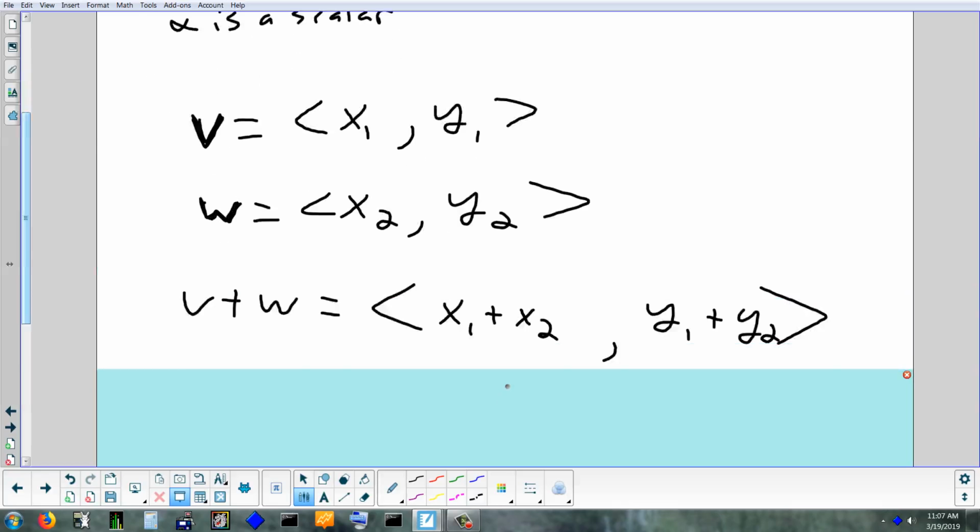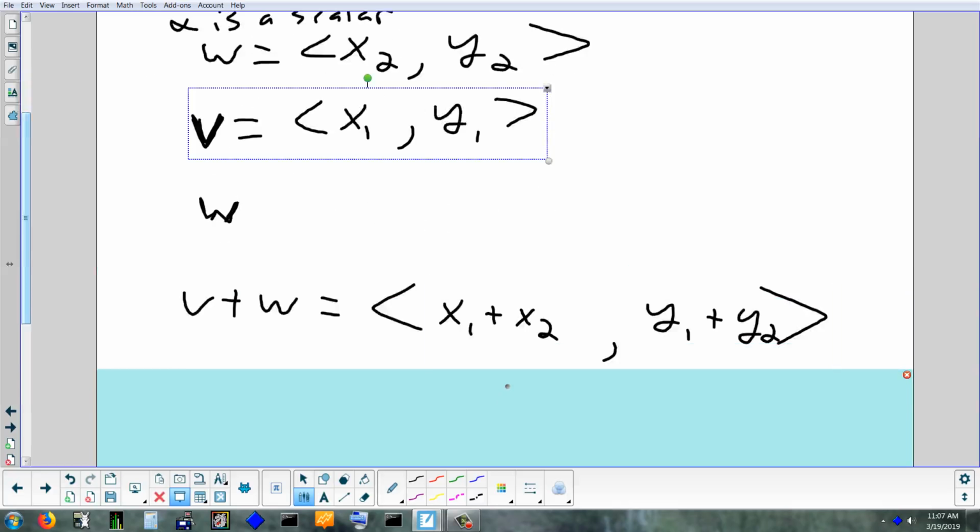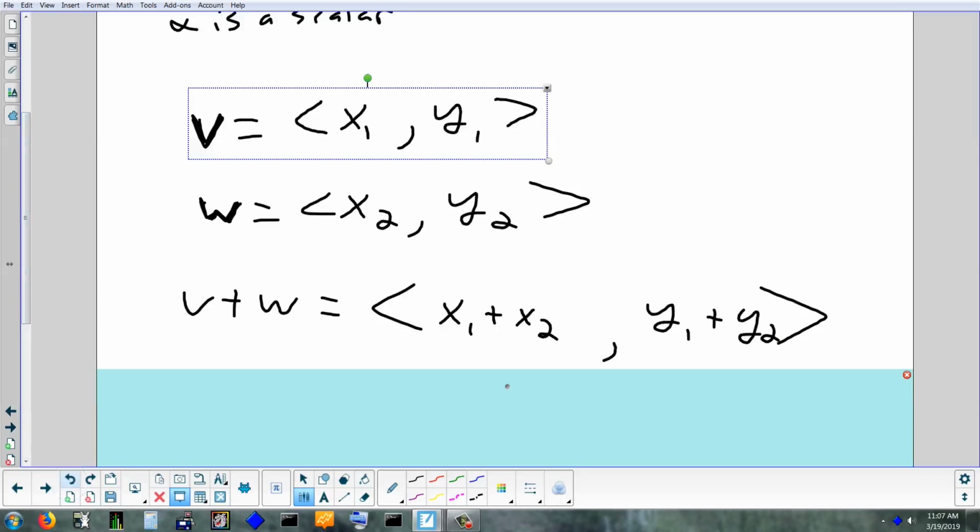If you want to add those vectors together, instead of drawing v and then taking w and connecting it onto the end and drawing the diagonal, all you really have to do, if you don't want to do it graphically, is add the horizontal components together, x1 and x2, comma, and then add the vertical components together, y1 and y2. So doing that arithmetic takes the place of all the sketching that we had to do to add vectors.